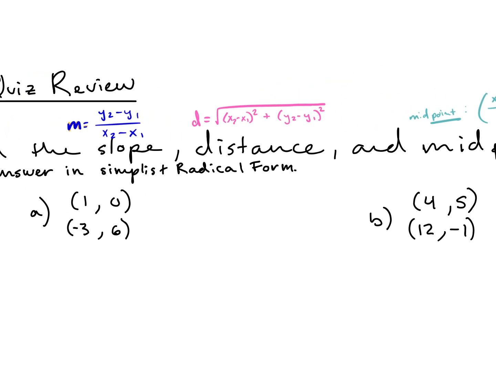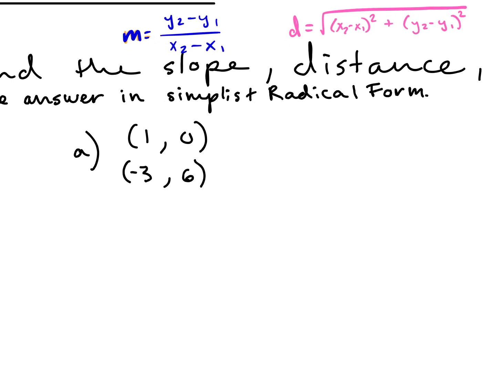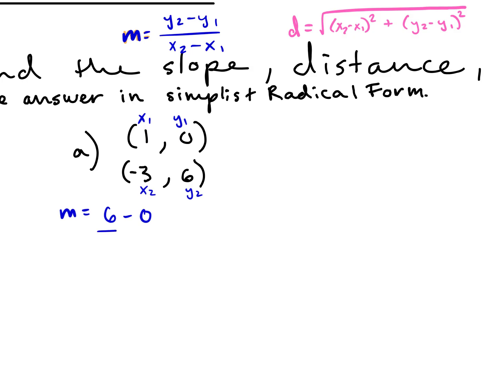Let's do A. So let's start with our slope. I think it's super helpful, label your points before you plug them all in. So I've got x1, y1, x2, y2. So when we plug it in, we have 6 minus 0 over negative 3 minus 1.